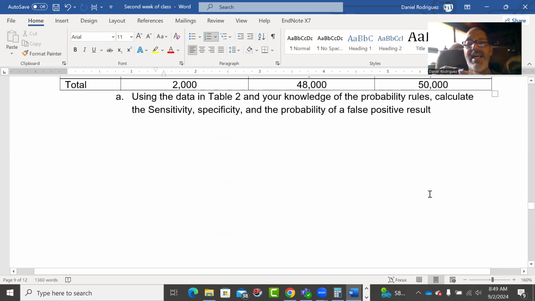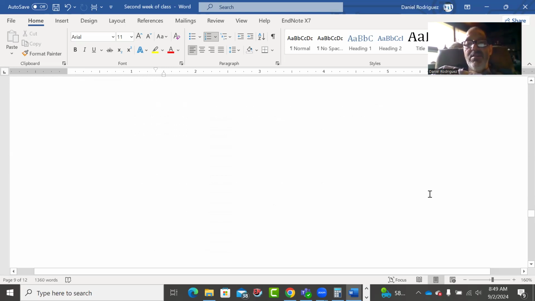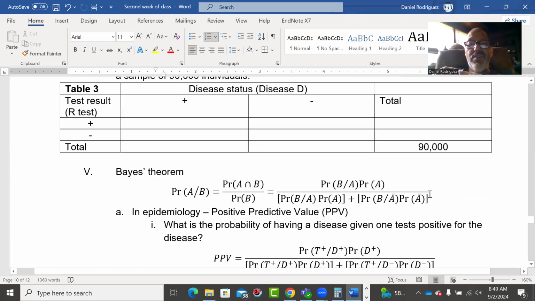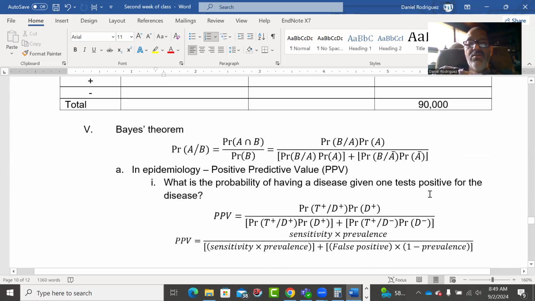However, we don't always have access to the table. Instead, I can give you certain values. And if I give you those values, like the sensitivity, prevalence, and specificity, you can calculate PPV using Bayes' theorem. Bayes' theorem is a conditional probability. It's the probability of A given B. And we've seen this equation before. It's the probability of A and B divided by the probability of B. But now I break it down into that equation that I showed you earlier.